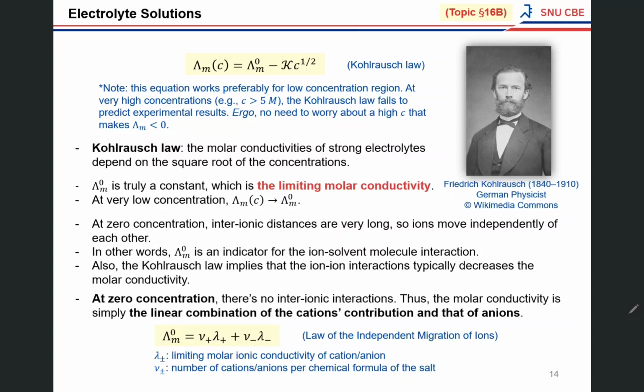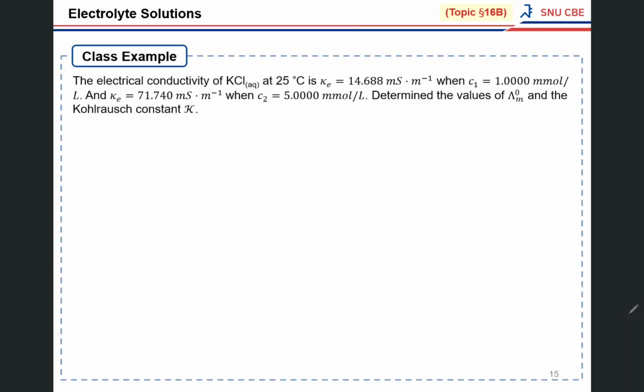Okay, so let's see this example. Here we have a solution of potassium chloride at room temperature, and the conductivity is given as 14.688 millisiemens per meter, and the concentration is also given.